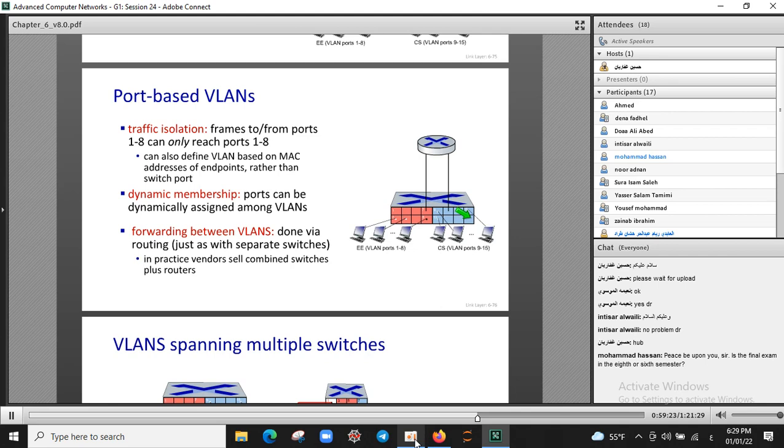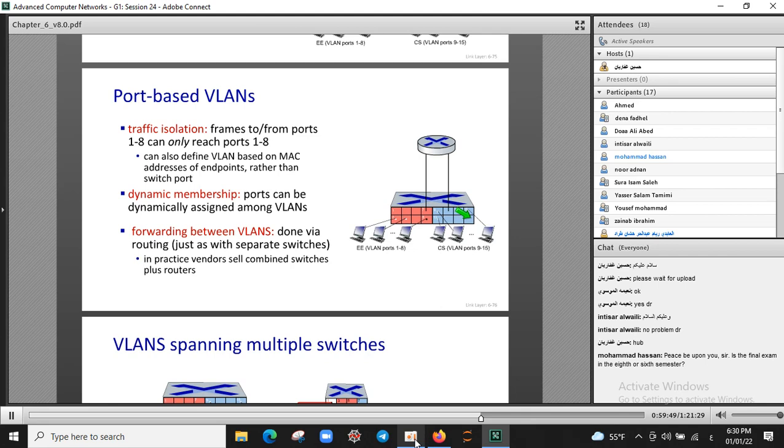Sometimes you can define VLANs over different port numbers, but sometimes you can use MAC addresses, defining a VLAN based on MAC addresses. Okay, it's another option, another alternative.